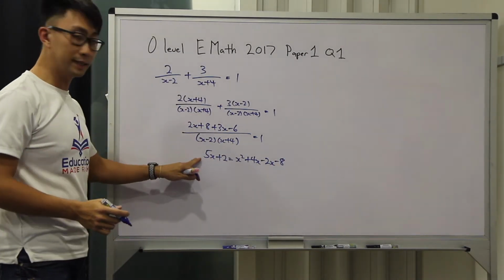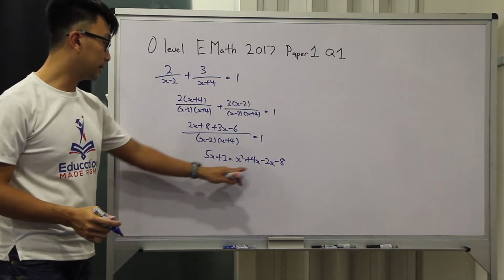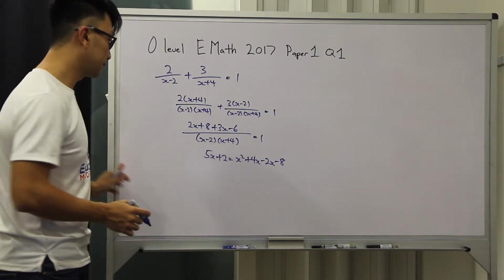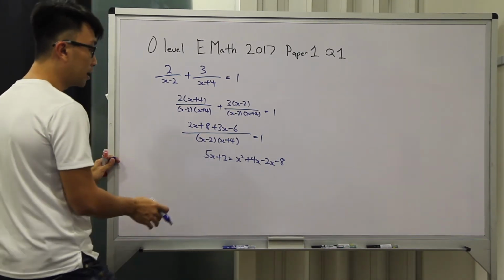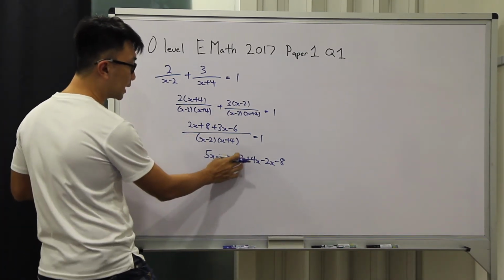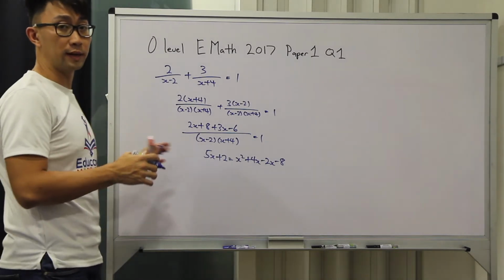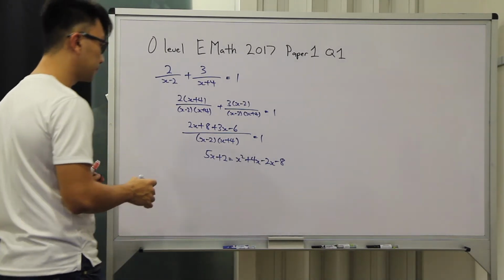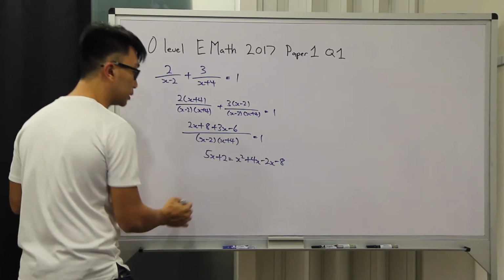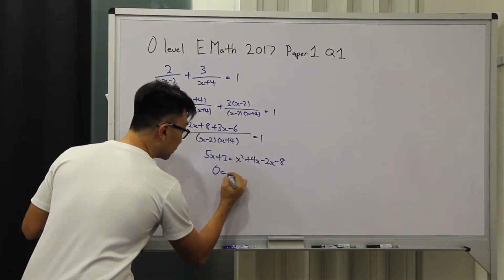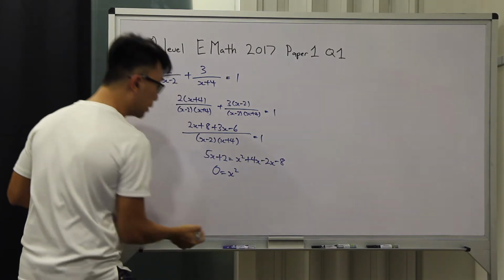Alright, so it will be a lot easier now that we have everything without fractions. Next will be to bring everything to one side, as from this x squared we can tell that we are trying to solve a quadratic equation here. So let's bring everything to the right hand side and make the left hand side equals to 0. We have a x squared.